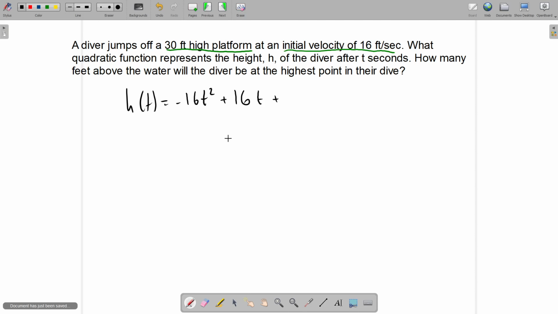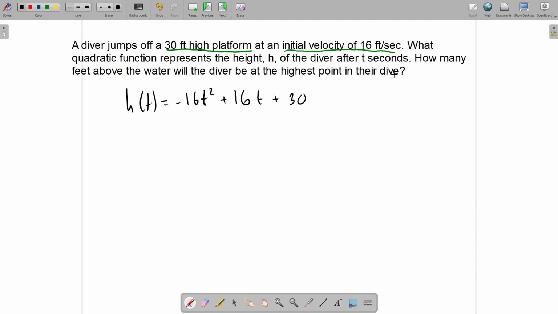If they were jumping downwards, which wouldn't really make sense for a diver, but let's pretend an object is being thrown down, it would be a negative initial velocity. Direction is important. They are jumping off of a platform that is 30 feet high, so that is the initial height.